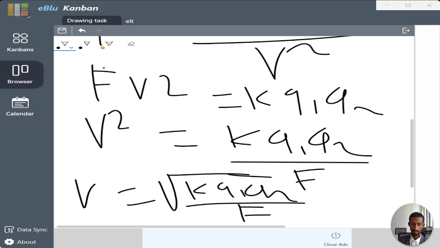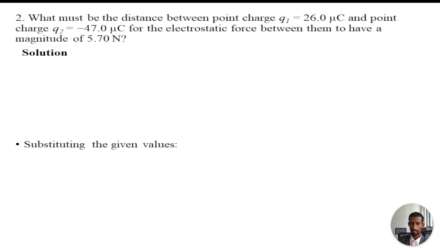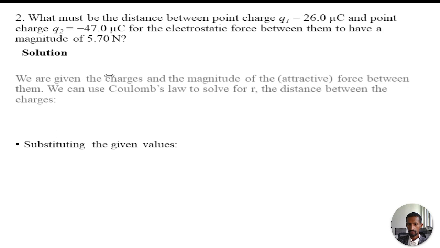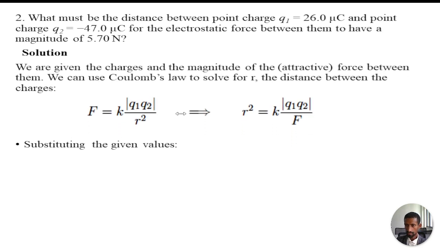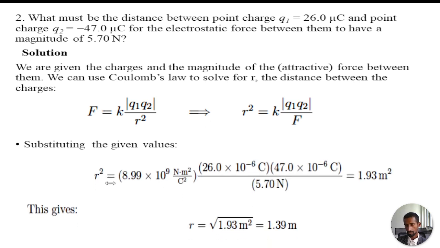Let's see the numbers. I have already done this in my note. This is the equation: R square is K Q1 Q2 divided by F. So, square root of the multiplication of this, we have substituted the constant value. The constant is 8.99 times 10 to the power of 9 Newton meter square per coulomb square.